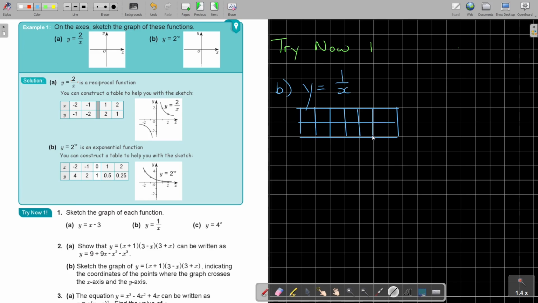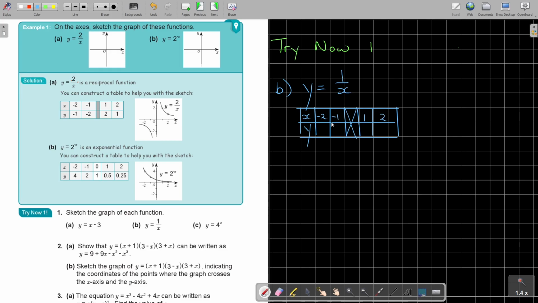Okay. So basically, this is x, this is y. Again, I'm just using a few points. So make it -2, -1. You cannot have 0, so 0 is scratched, because division by 0 is undefined. And then you can make 1 and 2.